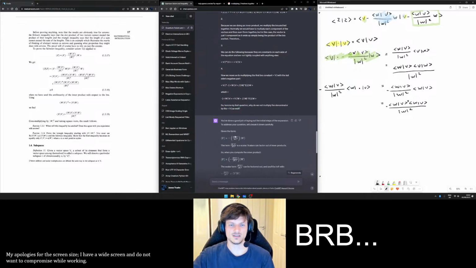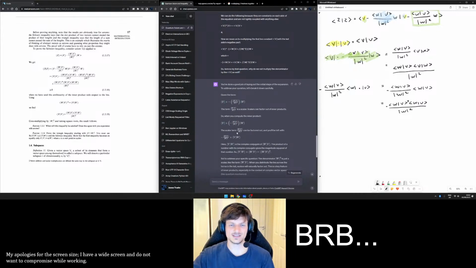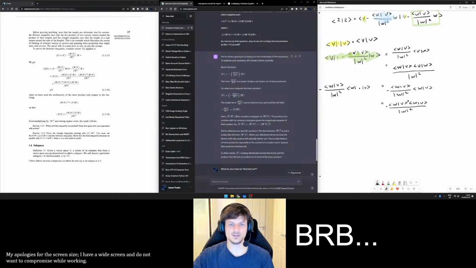It says the scalar term can be factored out, and you'll be left with the negation of that times that, we know that. So here vw is the complex conjugate of wv. The product of a number with its complex conjugate gives the magnitude squared of that number. So vw times wv.